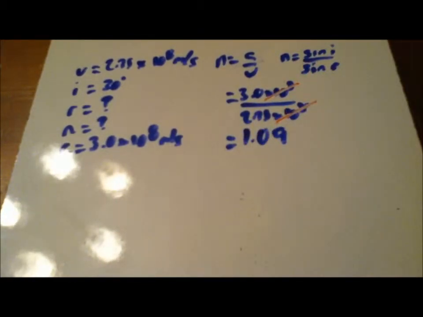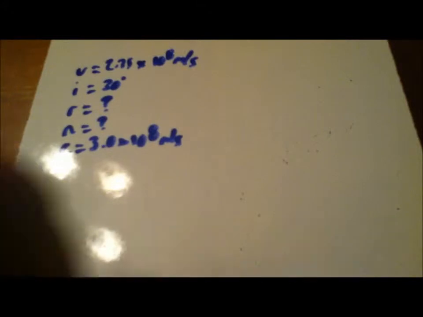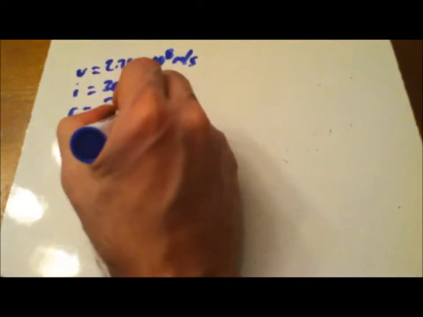Now what we have to do is find what the angle of refraction actually is. Okay, so we're going to have to rearrange this particular formula here. So let me kind of wipe that out and give ourselves some room. Let's write down that the index of refraction is calculated to be 1.09 over here, so we don't forget it.